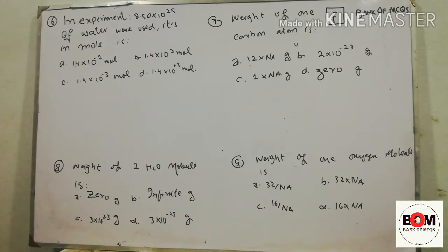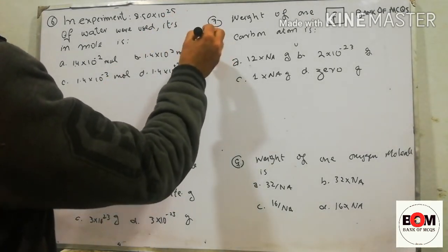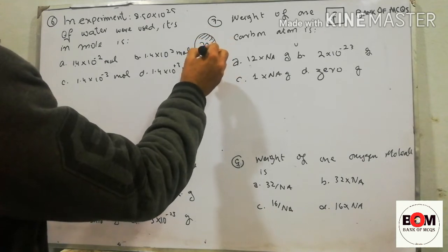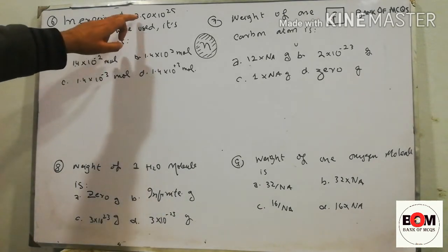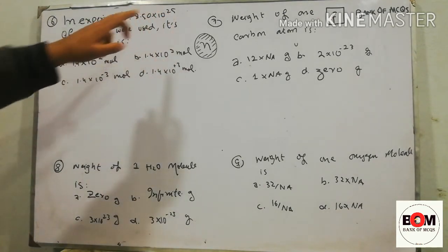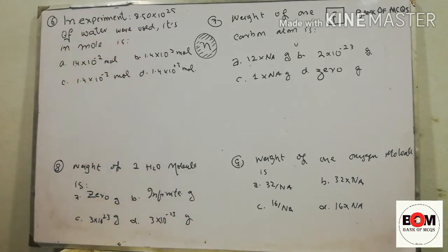Here are 4 MCQs that we are going to solve on the topic of number of moles. MCQ number 6: in an experiment, 8.50 × 10^25 water molecules were used. Its amount in moles is?